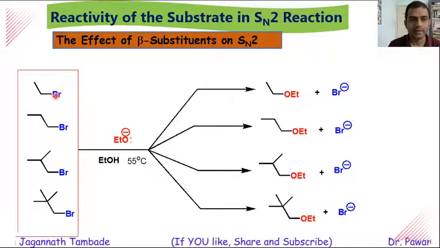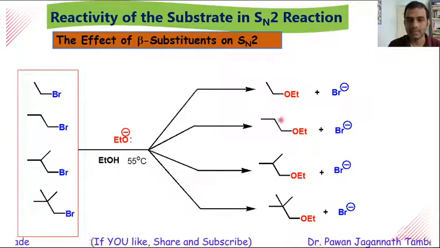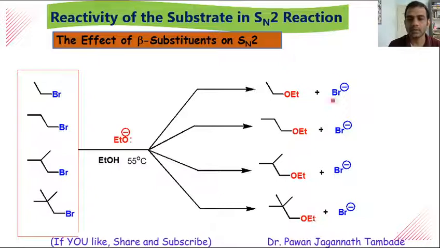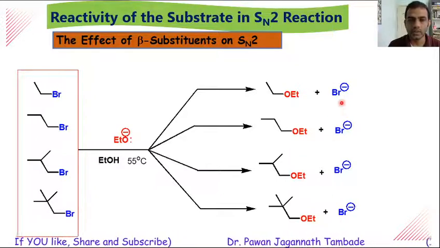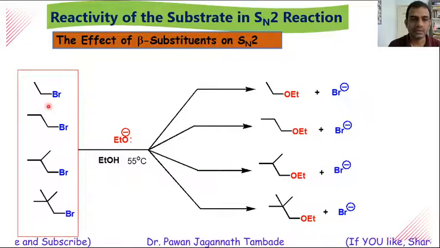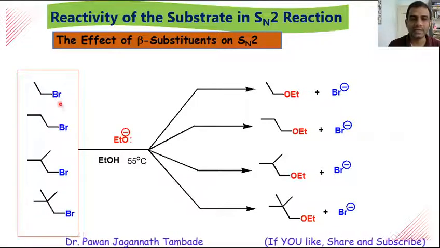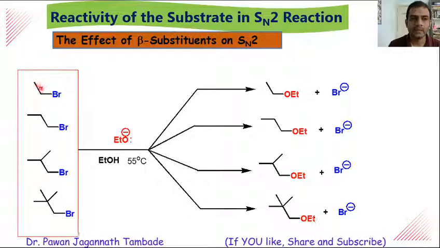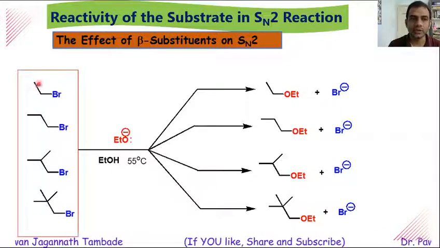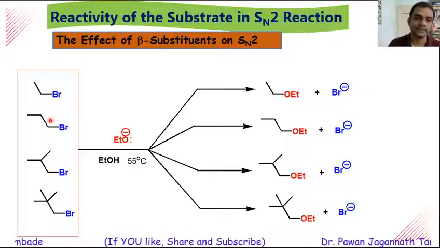Which is nothing but a nucleophilic substitution product. So this Br will get replaced by this ethoxide and we will get these types of ethers as a product, and Br is the leaving group. If you look at these 4 reactions, then in these 4 reactions the nature of the carbon and leaving group is exactly the same, but there is a change in the electronic or steric structure of the beta carbon atom.